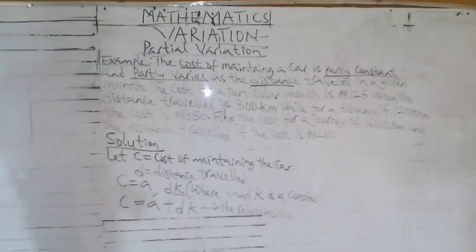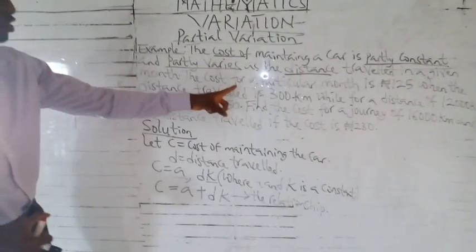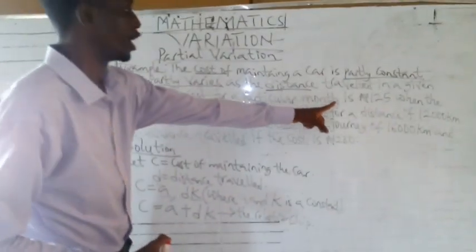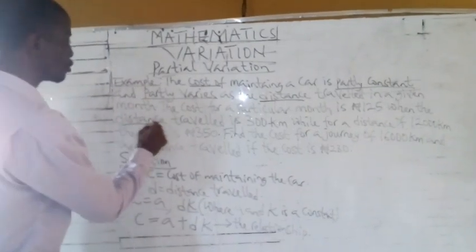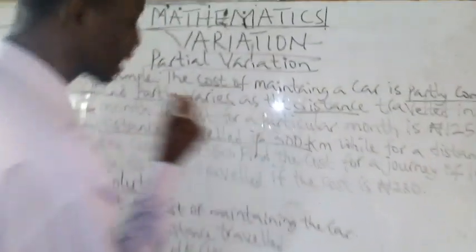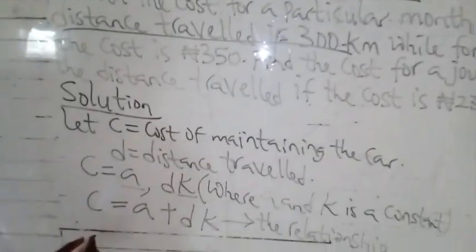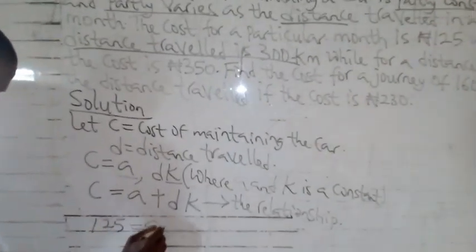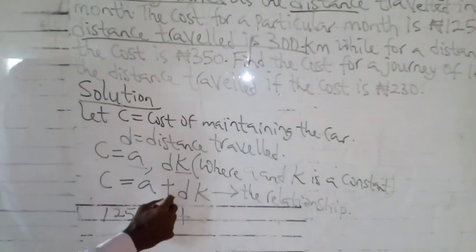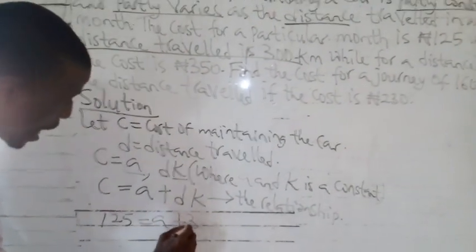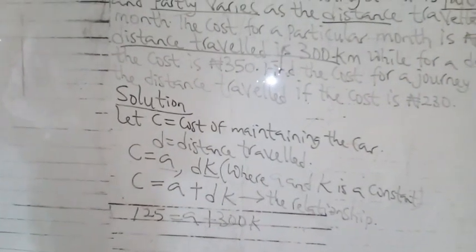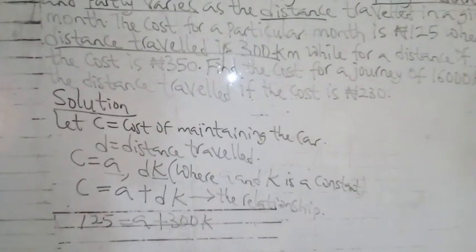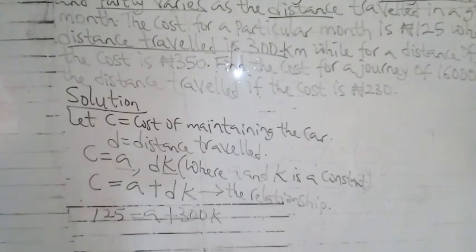Now, looking at the question on the board, the cost for a particular month is 125 naira when the distance traveled is 300 kilometers. So 125 equals A plus the distance, 300 K. I hope viewers at home you are seeing it on the board, and I believe you are following the solution.